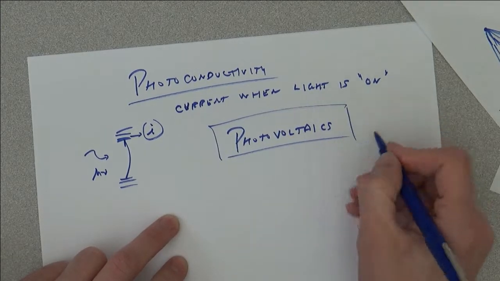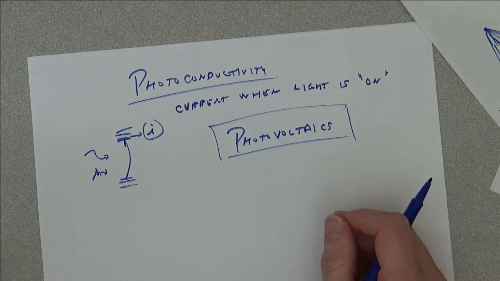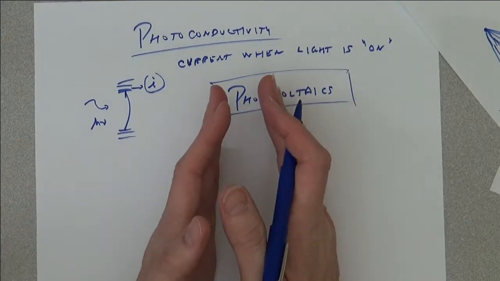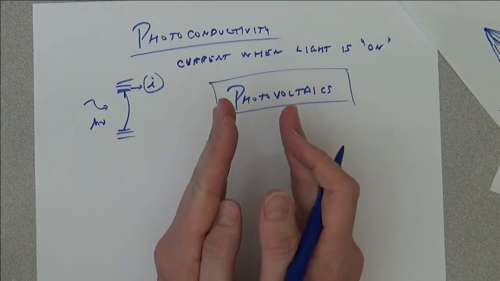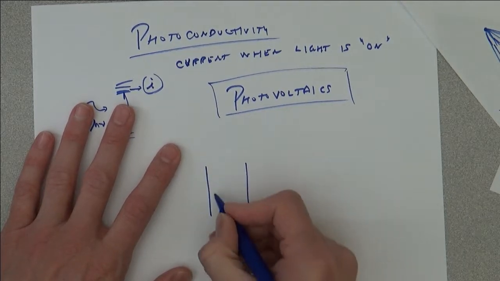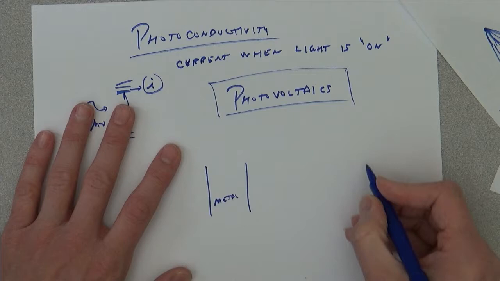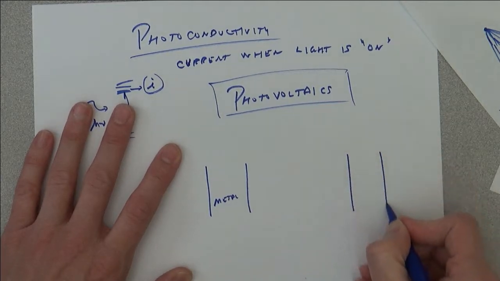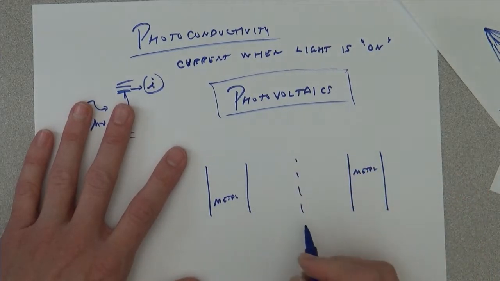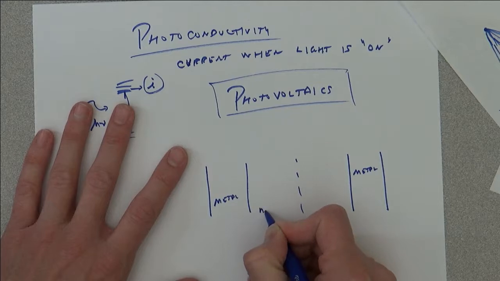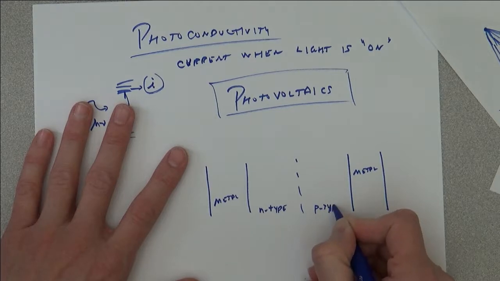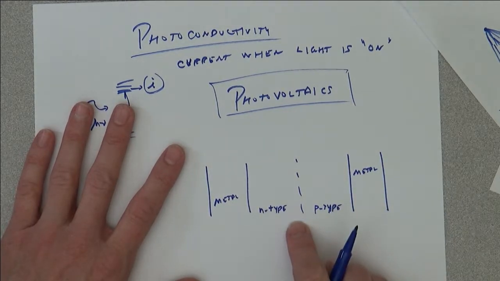And solar panels. So with the photovoltaic, you're typically going to have an N-type semiconductor and a P-type semiconductor that are sandwiched together between two pieces of metal. So we have some metal here, and here I've got another piece of metal, and then here I have an N-type, here a P-type material, and a junction between them.